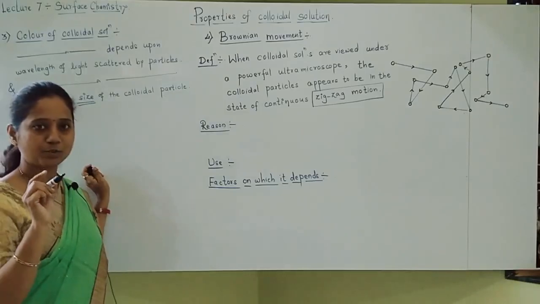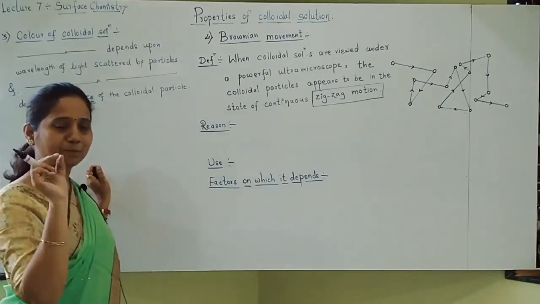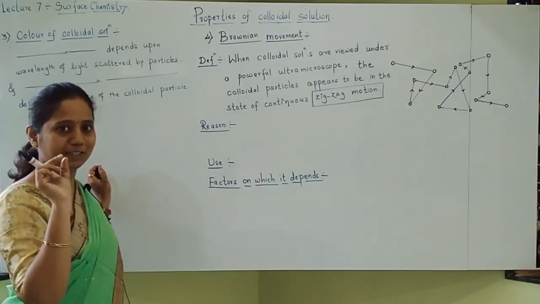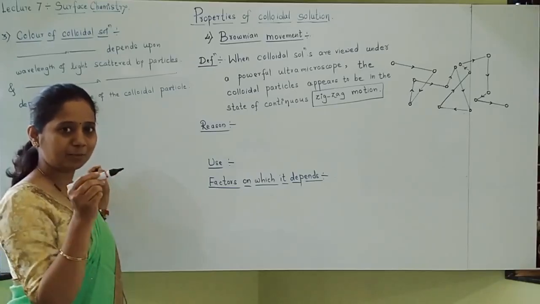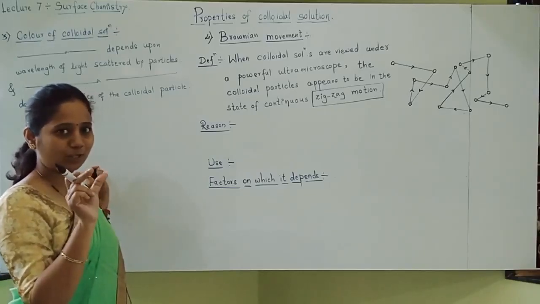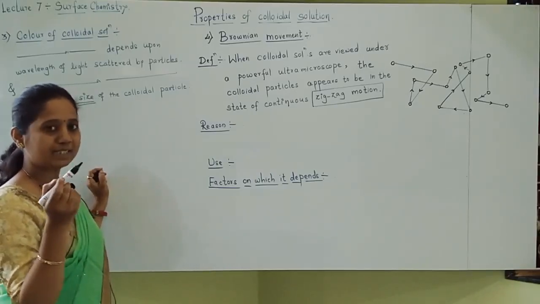So student, you understood that color finally depends upon the size of the colloidal particles. Size can be from 1 nanometer up to 1000 nanometer in this colloidal range. Then how exactly does it happen?